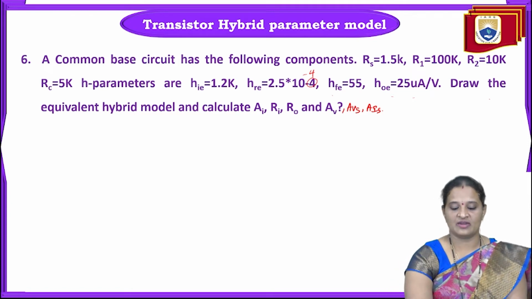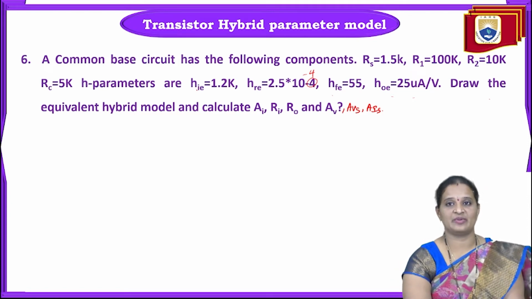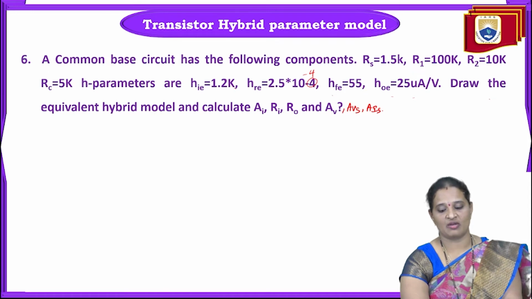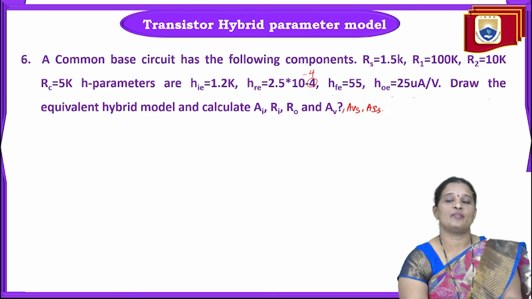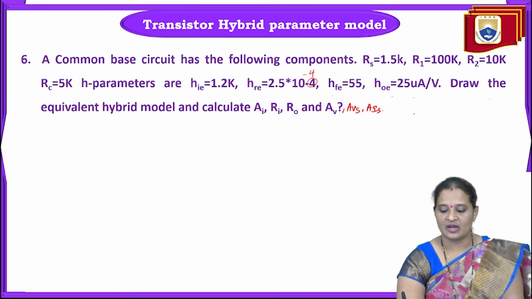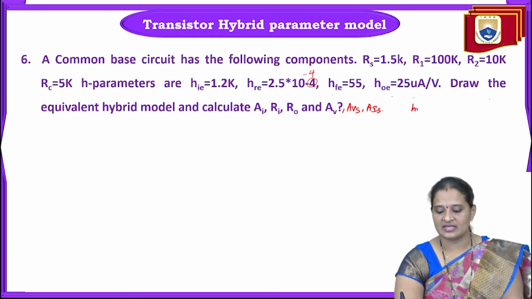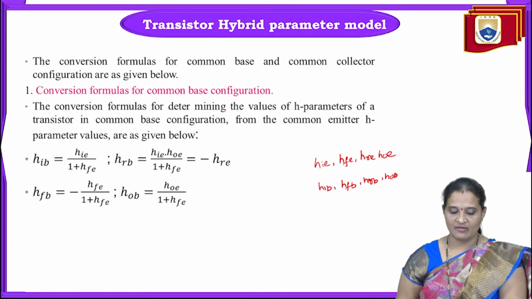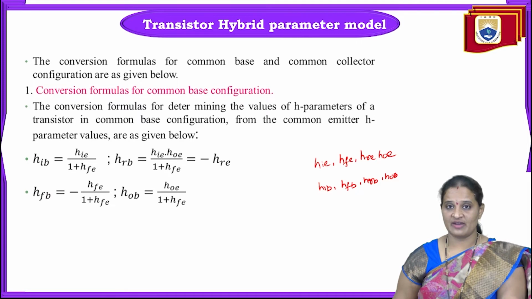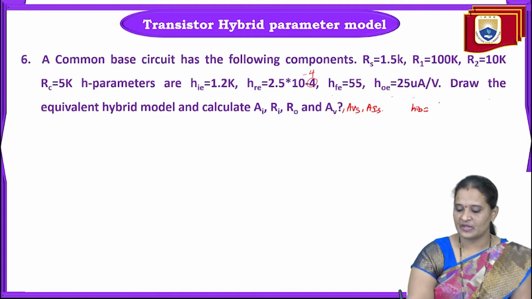As it is given, if you observe, these are H parameters of common emitter configuration. So first of all I need to convert these into common base configuration using the conversion formulae. HIB is equal to HIE divided by 1 plus HFE.